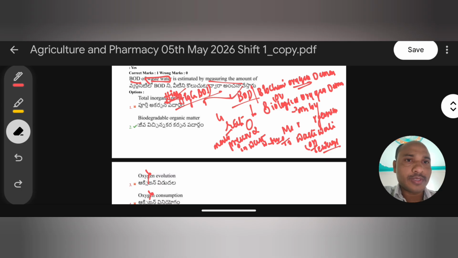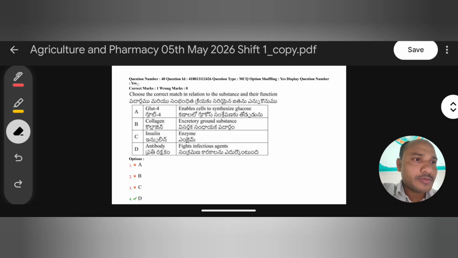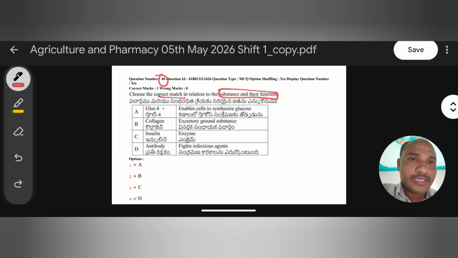Remember. So the last MCQ in the botany paper analysis, that is question 40. Here choose the correct match in relation to substance and their function. Four substances are given and their functions are given. We have to choose the correct pair only. Okay, right. GLUT4, here GLUT4 means glucose transporter 4. So this glucose transporter enables the cells to synthesize glucose.